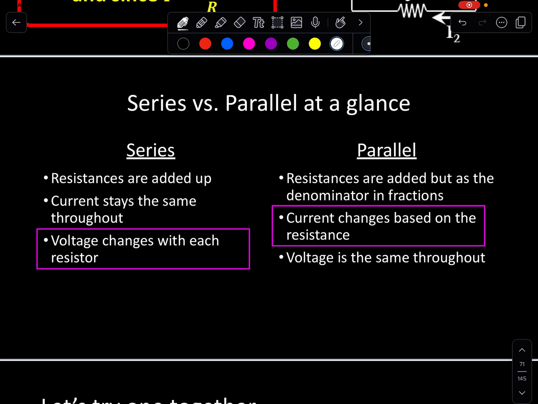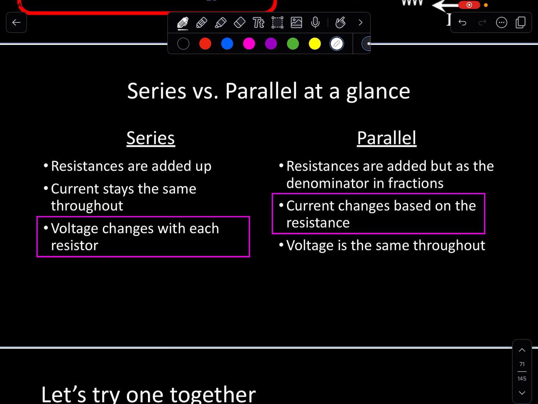Okay, series versus parallel electric lines. For us here, resistances are going to add up, meaning that we're going to take R1 plus R2 plus as many as we have, and that's going to equal our total. Current stays the same. Remember, this thing just has one path through it. And so because of that, the I is the I throughout the whole entire thing.